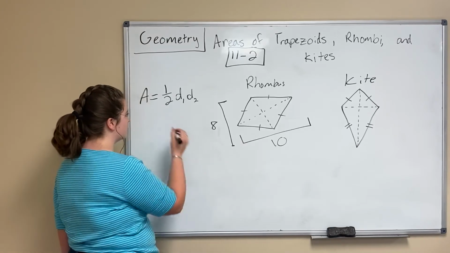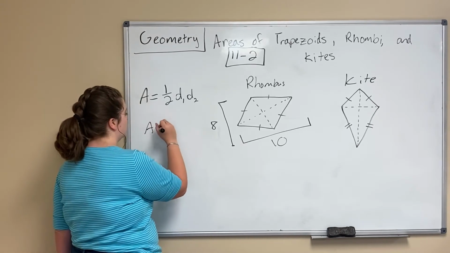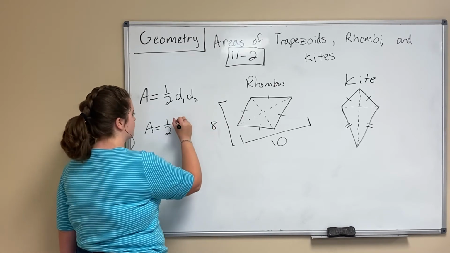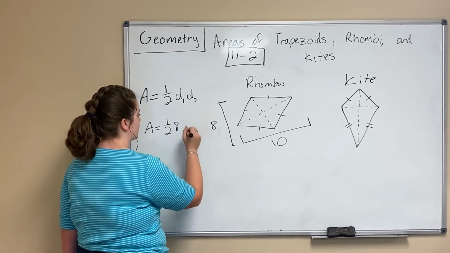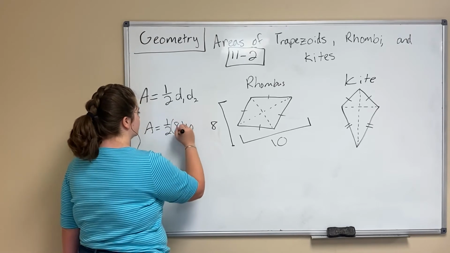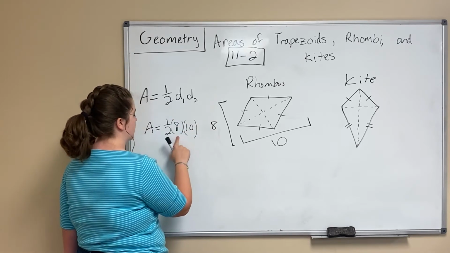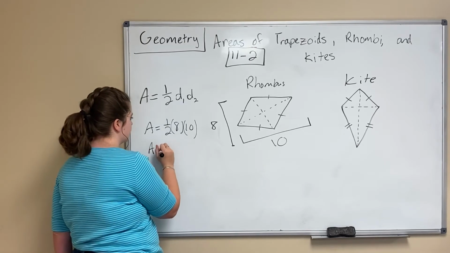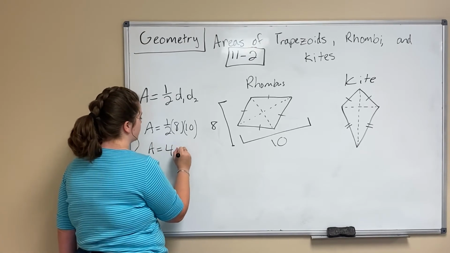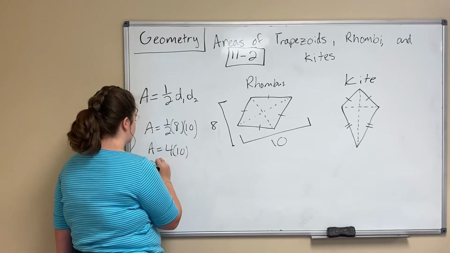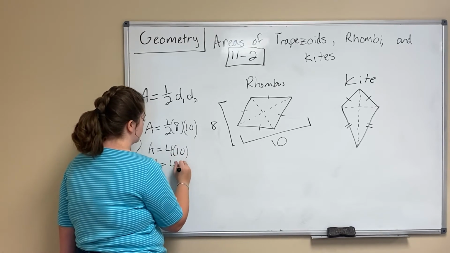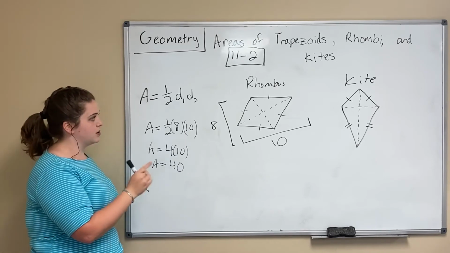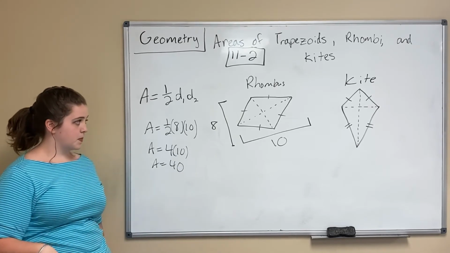To find the area of this rhombus, area equals 1/2 times this diagonal times this diagonal. So 1/2 times 8 times 10. Half of 8 equals 4. 4 times 10 equals 40. And the area of this rhombus is 40.